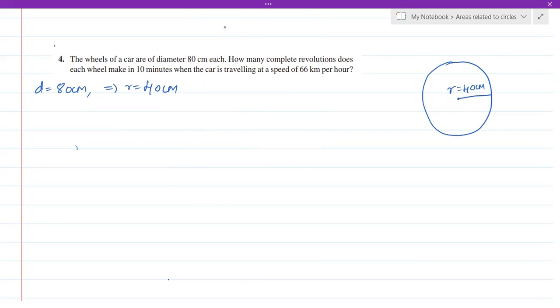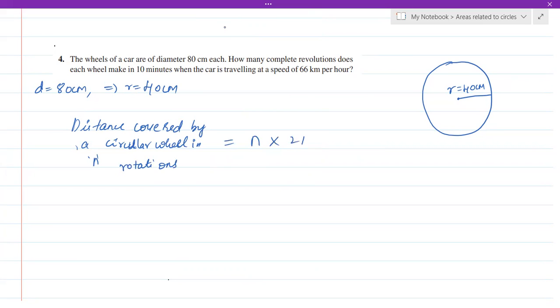Because we know that the distance covered by a circular wheel in n rotations or n revolutions is given by the formula n into 2 pi r.